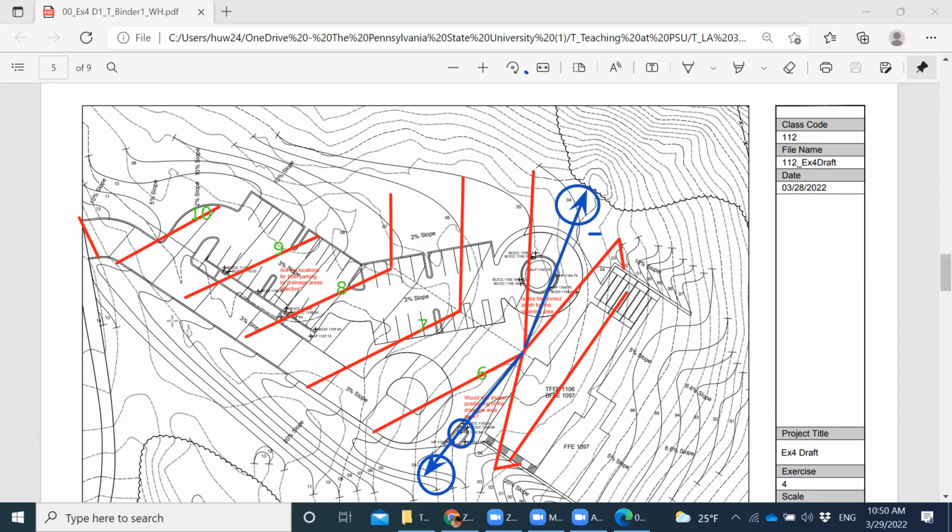If that's the case, we can make that 11, this 10, that's 9, that's 8, that's 7, and this becomes a 7.5 for your building.